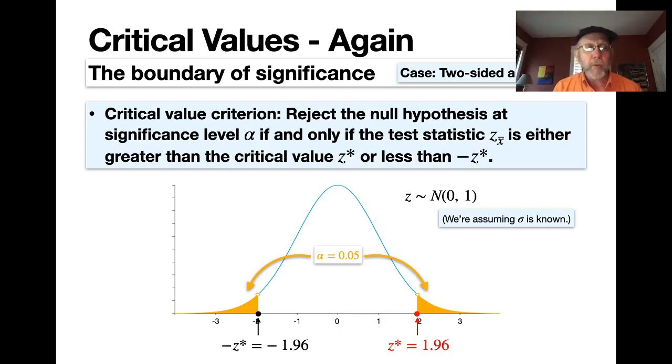This is really just another way of saying we reject the null hypothesis if our data is in the rejection region, right? Which is just another way of saying we reject the null hypothesis for this two-sided test if our data is outside the middle 95%, in this case for a 5% significance level.